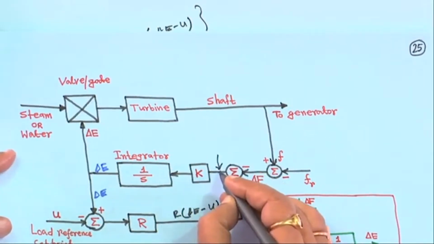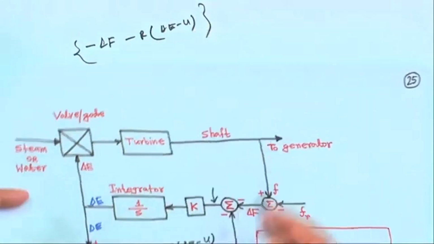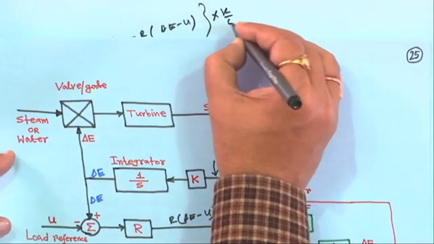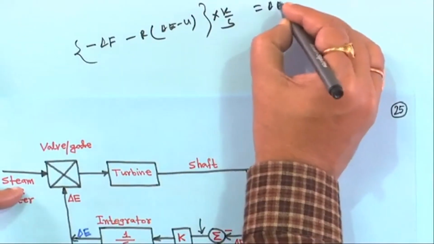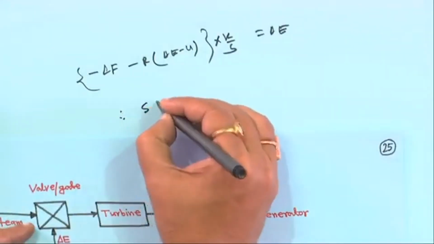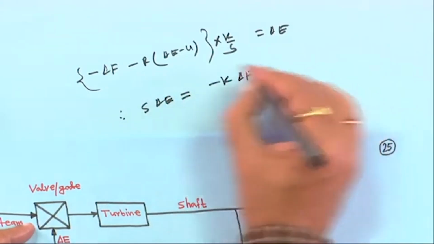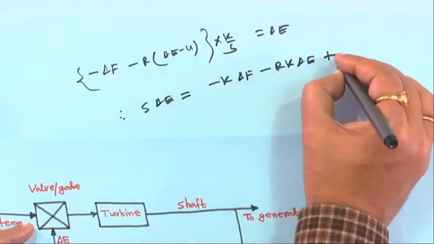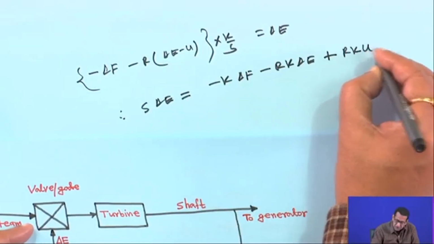here whatever is coming here it is actually minus delta F minus r into delta E minus u, right, into k upon s is there, right, is equal to this delta E. So, is equal to delta E, therefore, s delta E is equal to minus k delta F, then multiply this one minus r k delta E plus, because minus it is plus r k into u, right.